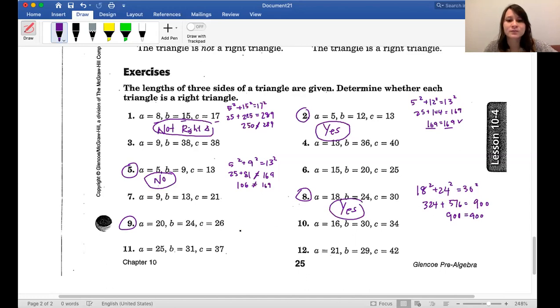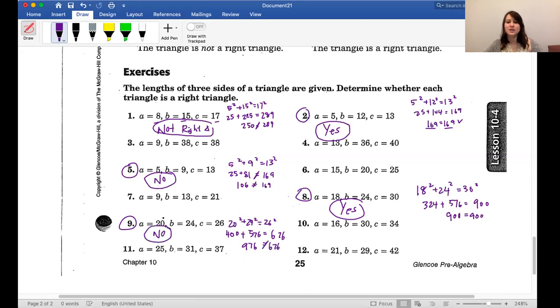Last one. So 20 squared is 400. 24 squared is 576. 26 squared is 676. I don't think that's going to add up, right? 400 plus 576 is like 900 something, 976. So no, doesn't work. Not a right triangle.